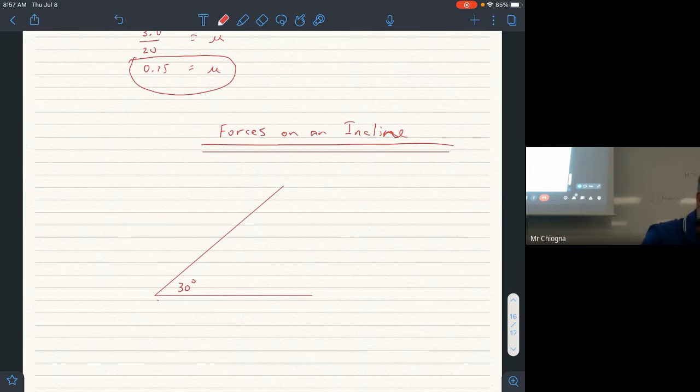Okay, what we're interested in is objects that are placed on this incline and the forces acting on it. This object has a mass m.